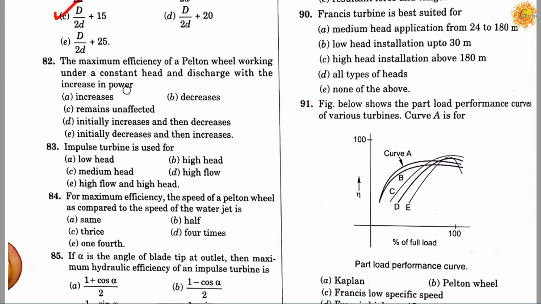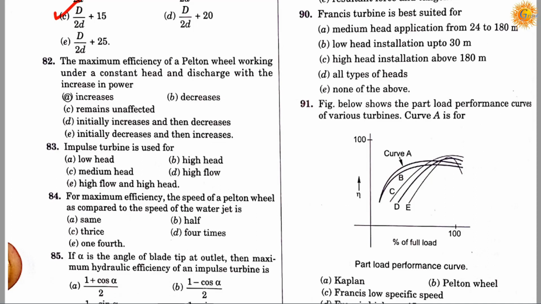Question number 82. The maximum efficiency of a Pelton wheel working under a constant head and discharge with the increase in power, option A increases, option B is decreases, option C is remain unaffected, option D is initially increased and then decrease, and option E is initially decrease and then increase.